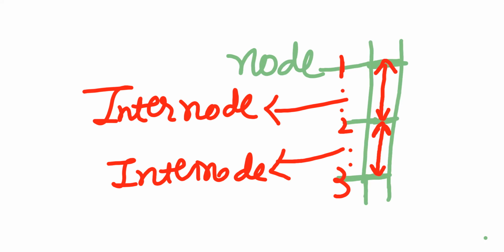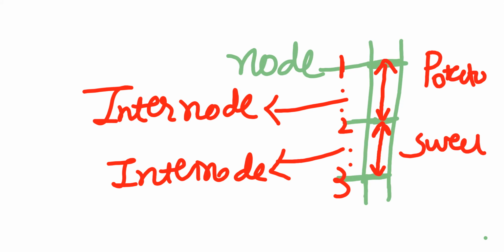Remember, that's why. You see, one is a potato, other is a sweet potato. Can you tell me, is sweet potato a root or a stem? Last time we discussed, yes, sweet potato is a root. Basically, it's a root.